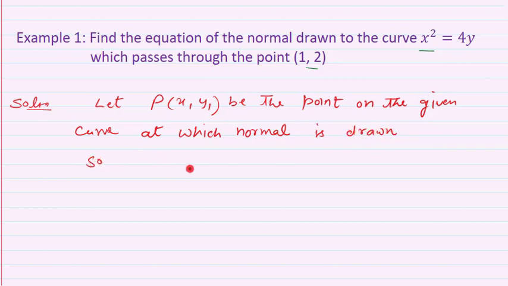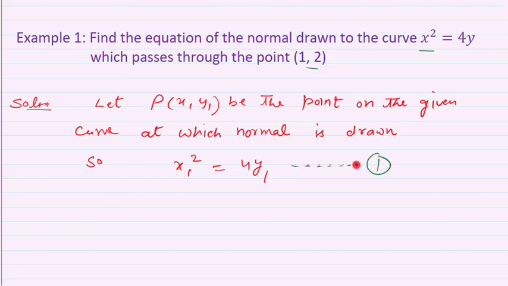So we can write x1 square is equal to 4y1. This is the equation of the curve at point P (x1, y1), which is the common point of curve and normal. Let us name this as number 1.